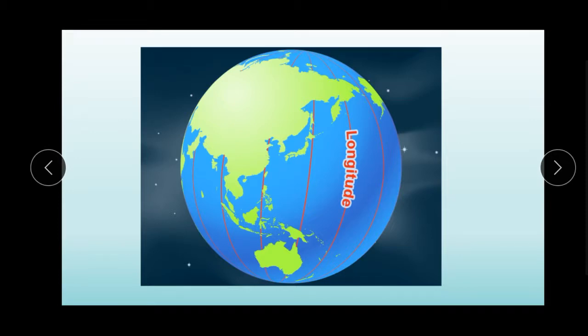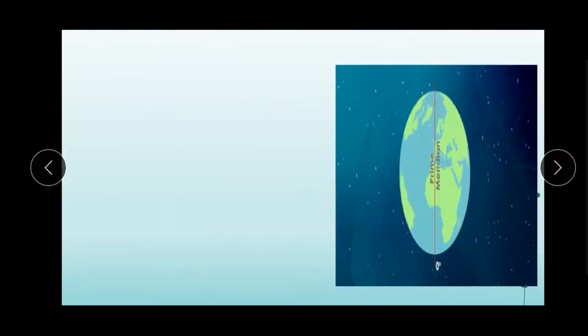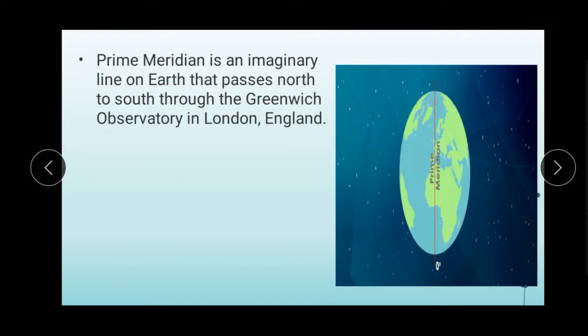Very good, children. Next, the prime meridian. Have you heard this word before? Do you have any idea about the prime meridian? No? No problem. Let's see now. What is the prime meridian? The prime meridian is an imaginary line. It's not really there, but we imagine that there is a line.